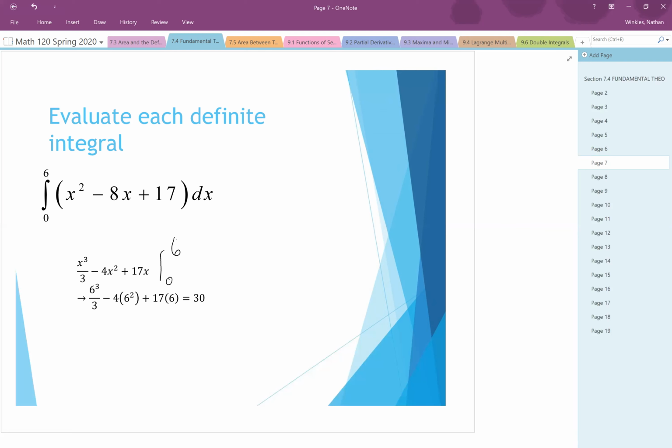Best thing, always come over here and plug in 0 every single time. So when we plug 6 into our antiderivative, we get 6 cubed over 3 minus 4 times 6 squared plus 17 times 6. By using our calculator, we can show that that is equal to 30.